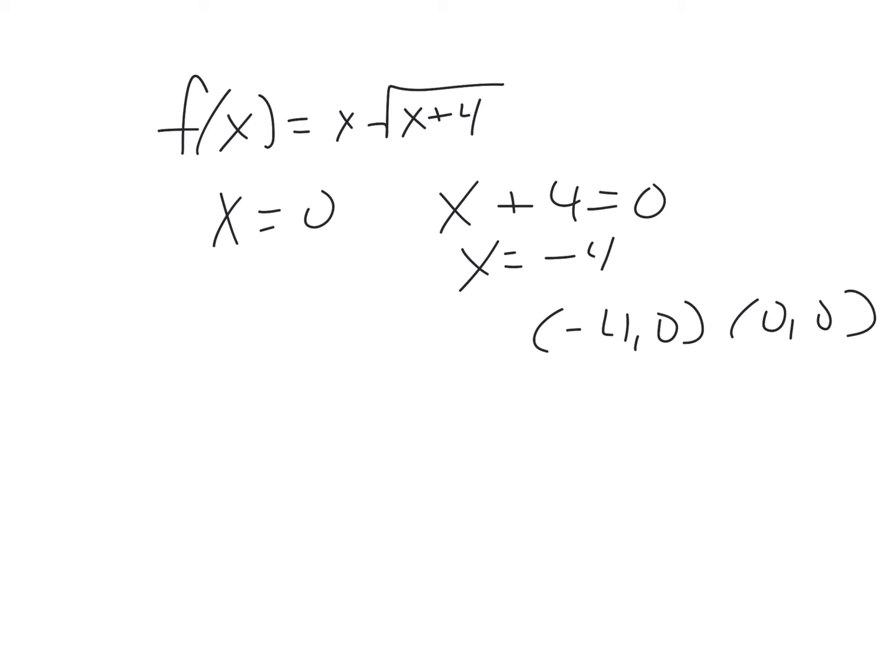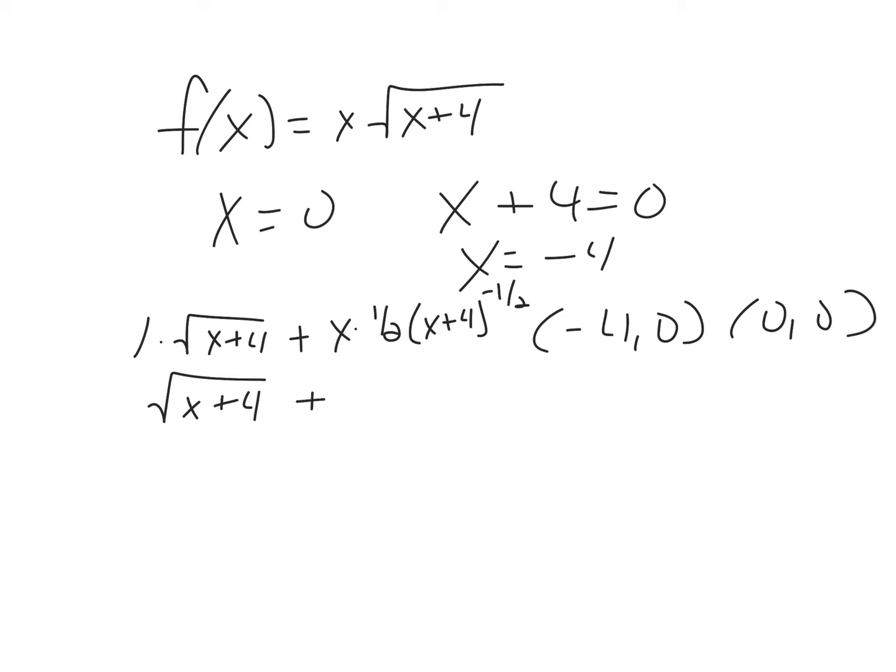The derivative of x is 1 times the square root of x plus 4, plus x times the derivative of this, which, using the chain rule, is 1/2 times (x plus 4) to the power of negative 1/2 times the derivative of the inside, which is 1. So pretty nifty. That's going to get us root x plus 4 plus x over 2 root x plus 4.